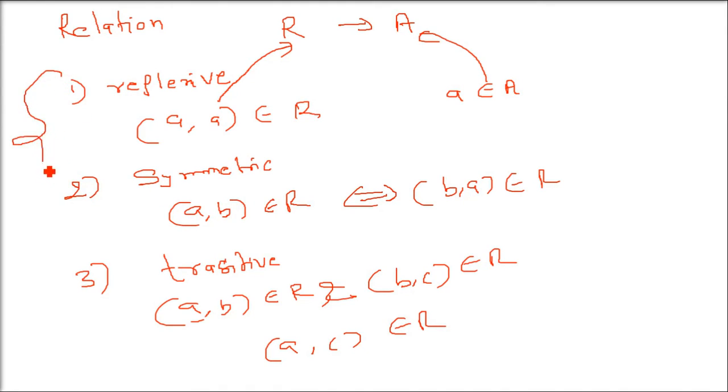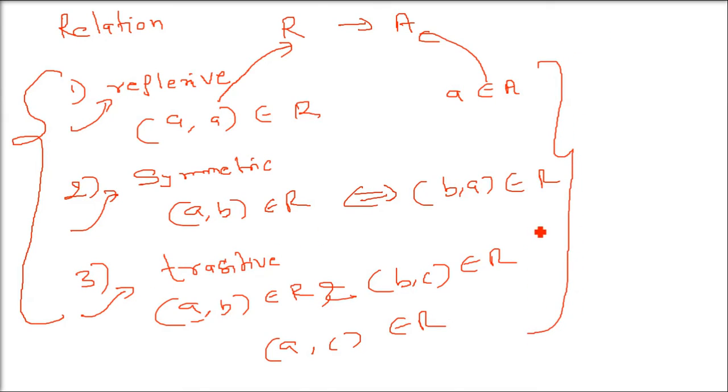So I'm just adding all these three and calling them an equivalence relation. A relation R on a set A is said to be an equivalence relation if and only if it is reflexive, symmetric and transitive. If you go to computer science later on in your life, then in DBMS, database management systems, equivalence classes are being formed and they have the same concept.